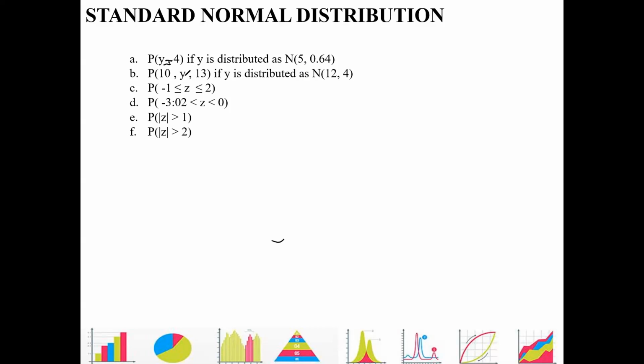So ito is hindi pa naka-format as standard normal distribution. So we will be standardizing this data, yung normal distribution natin na N(5, 0.64). So paano?